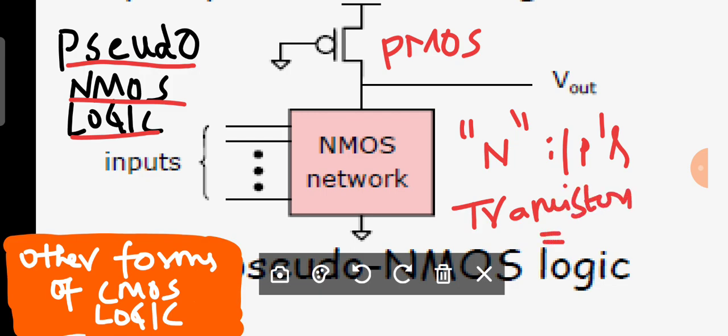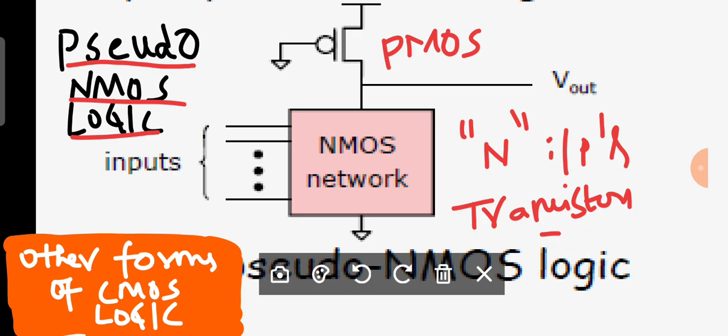Inputs are n, you are having one PMOS, therefore n plus 1 transistors are required. That is an important point you have to remember, and you can observe it very clearly.